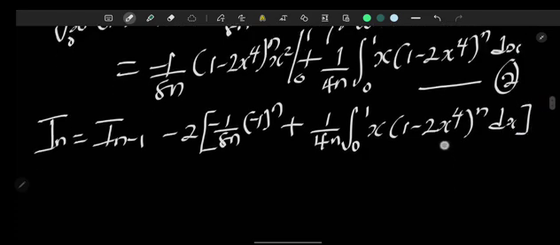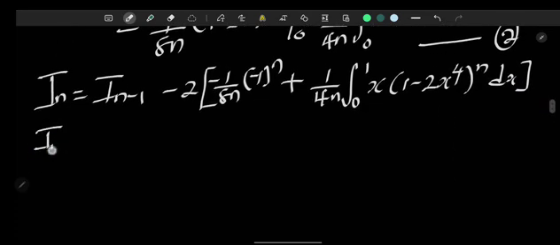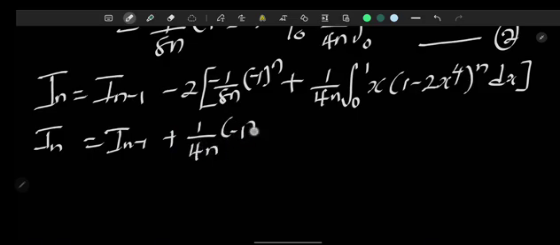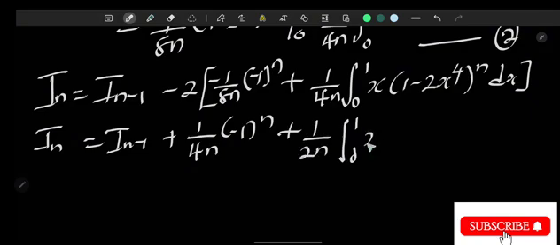Okay, so you have in plus in minus 1 minus 2 times this, that's going to be plus 1 over 4n minus 1 raised to the power of n plus 1 over 2n integral from 0 to 1 x 1 minus 2x raised to the power of 4 n dx. Okay, looking at this now, this is exactly what you are looking for, which is in.